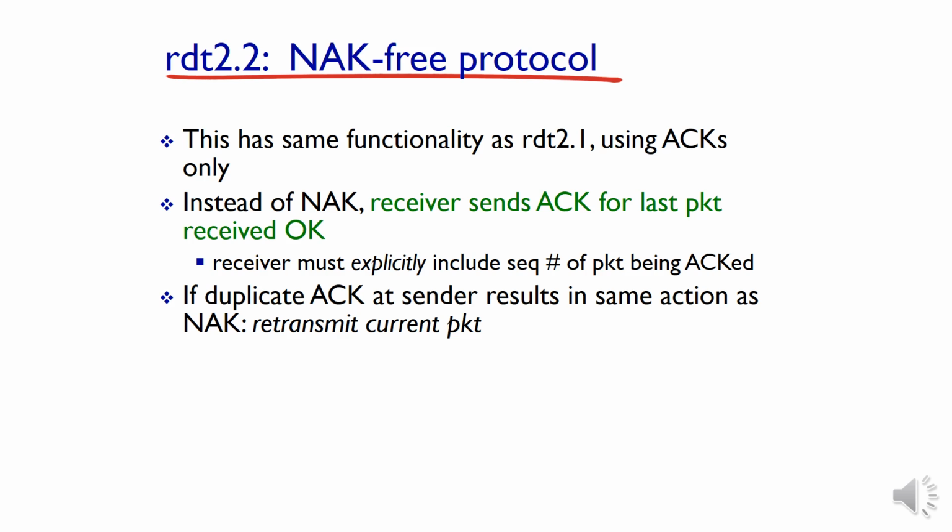Instead of NAK, as in the second bullet, it uses only ACKs, and the ACK will be provided for the last arrived packet. That means if a packet is acknowledged with acknowledgement number 1, that means the previous packet arrived safely. That we will see in detail in the coming slide. Thank you.